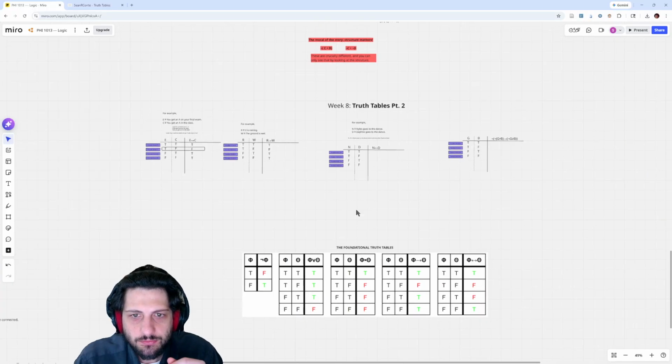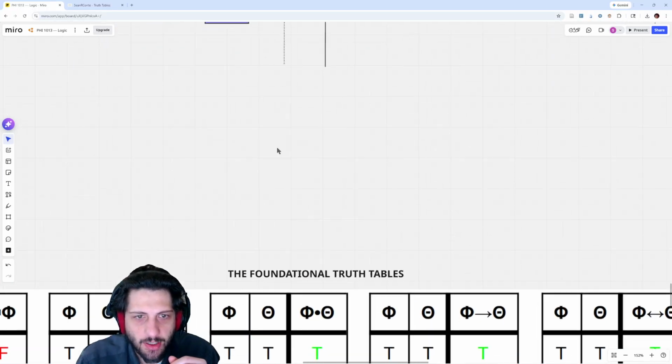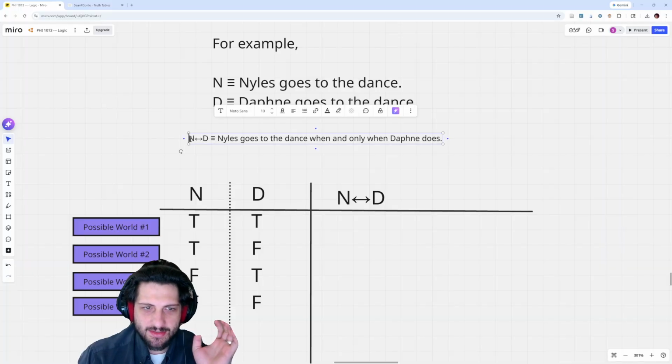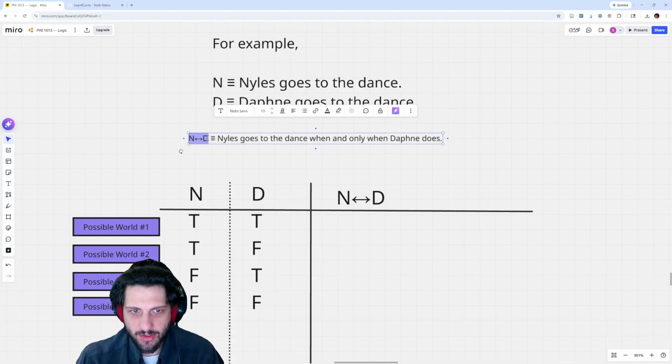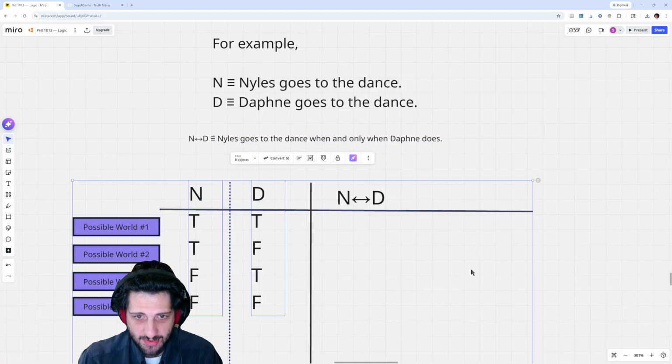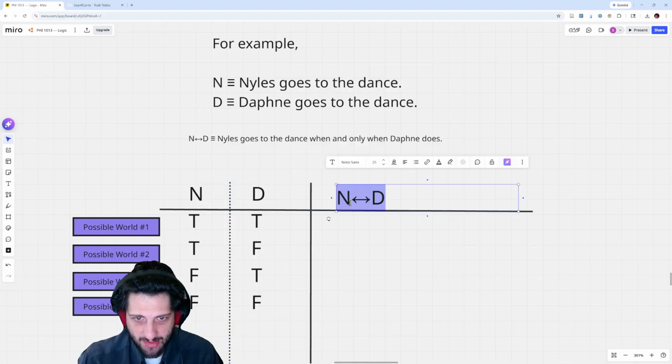So, we want to think, okay, this statement is saying Niles and Daphne only go to the dance together or they don't go at all, basically. So here are the four possible worlds. In what world is it true to make the claim that Niles goes if and only if Daphne does?